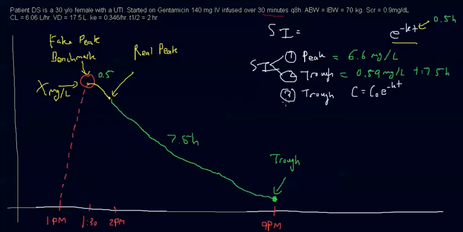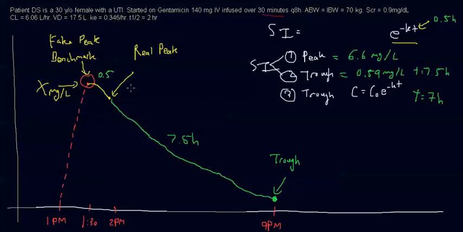Now, Hughes wanted us to do the shortcut method, which was simply using C0 times e to the negative kt. The reason everyone got confused was because t in this case was no longer 7.5 hours, it was 7 hours, and everyone's asking, why is it 7 hours instead of 7.5? The reason is that C0 in this case is no longer the fake peak benchmark.